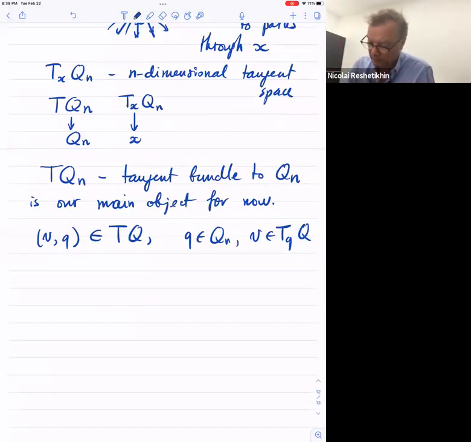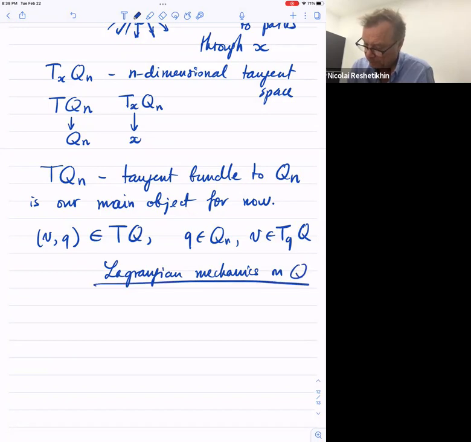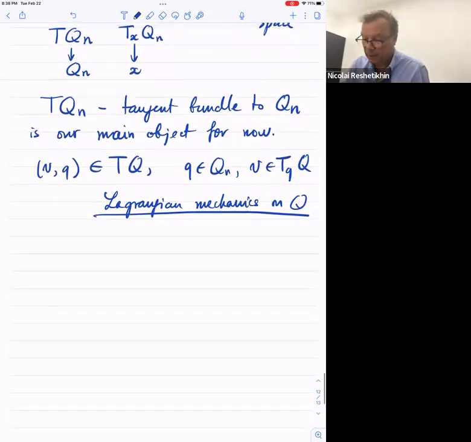Okay, so now what is Lagrangian mechanics? In order to define it, first we have to define the Lagrangian function.